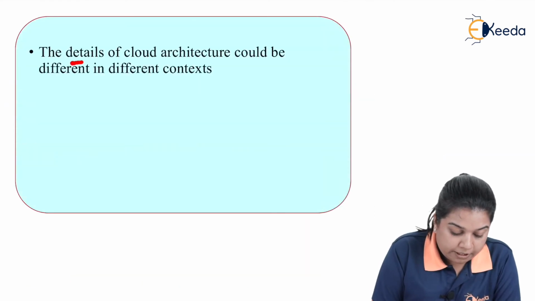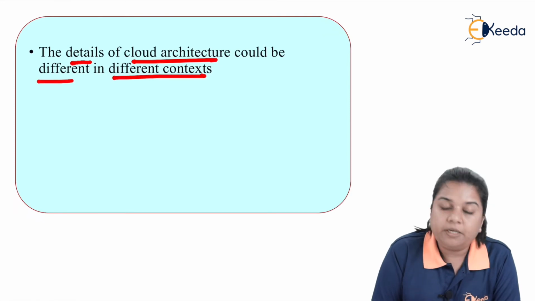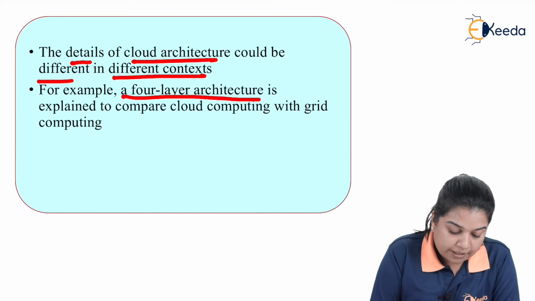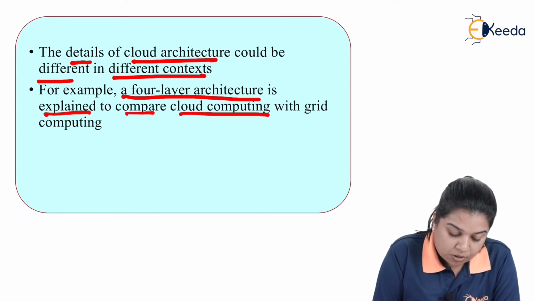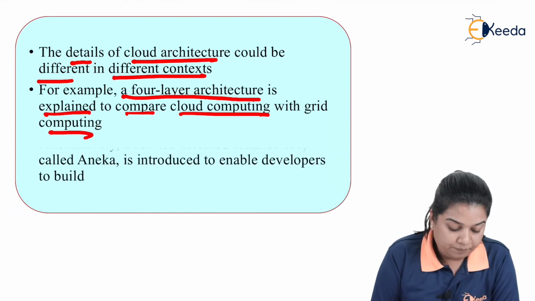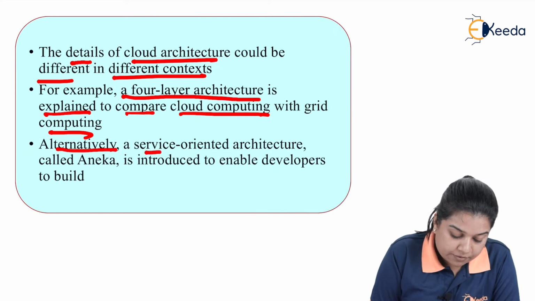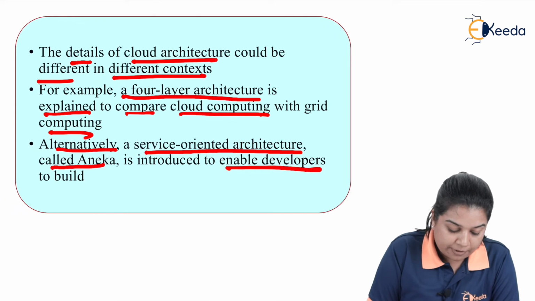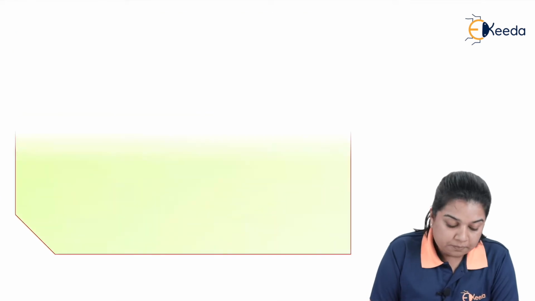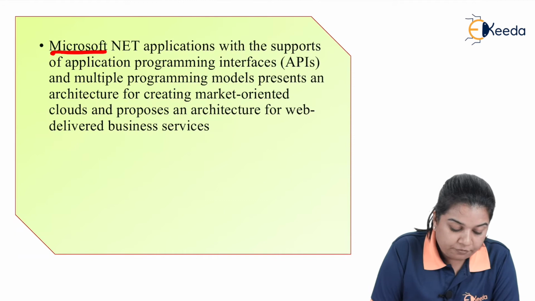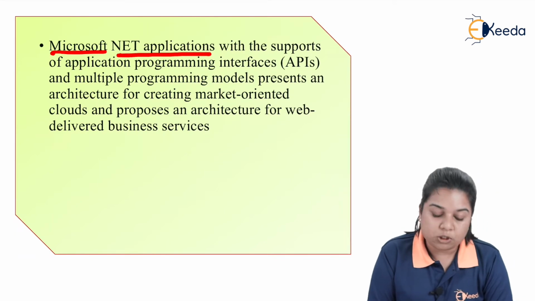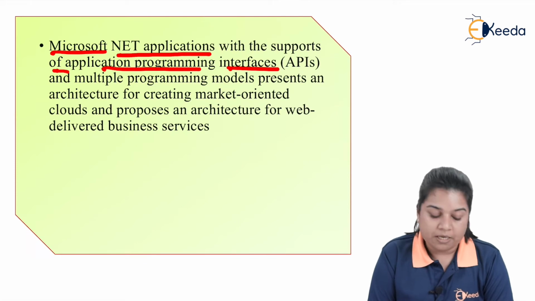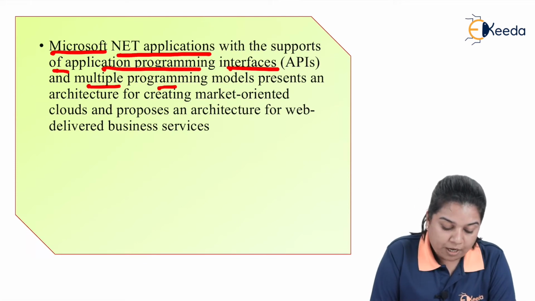Then the details of cloud architecture could be different in different contexts. For example, a four-layer architecture is explained to compare cloud computing with grid computing. Alternatively, a service-oriented architecture called Aneka is introduced to enable developers to build Microsoft .NET applications with the support of application programming interfaces, that is APIs, and multiple programming models.